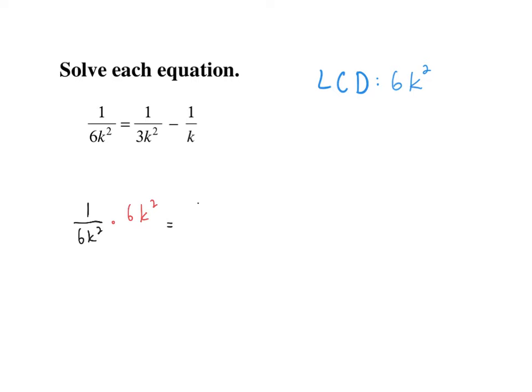The term on the right, times that by the LCD. Last term multiplied by the LCD.